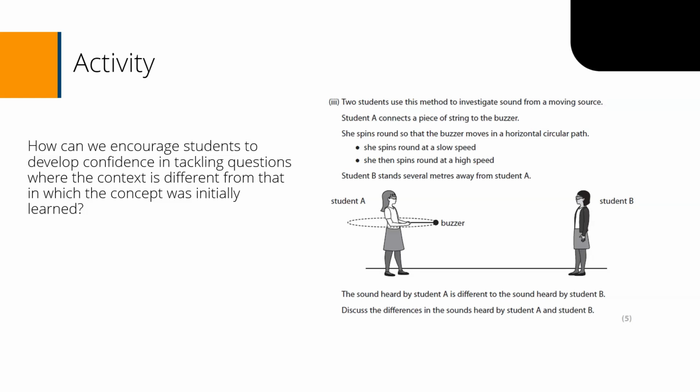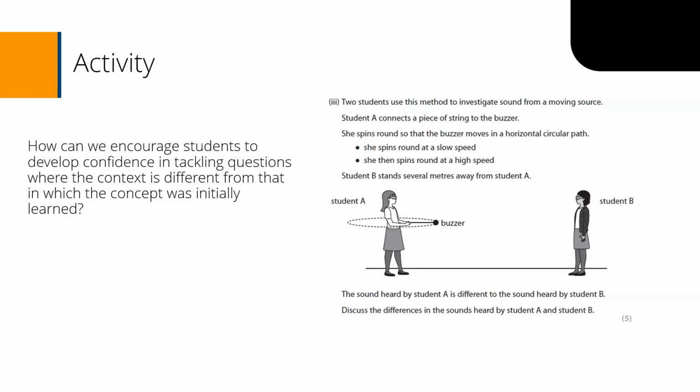And you might have discussed it in the context of racing cars going past, the change in tone as it goes towards you and comes away, or ambulances or fire engines or ice cream carts, anything playing music where the pitch changes as it goes from coming towards you and going away.